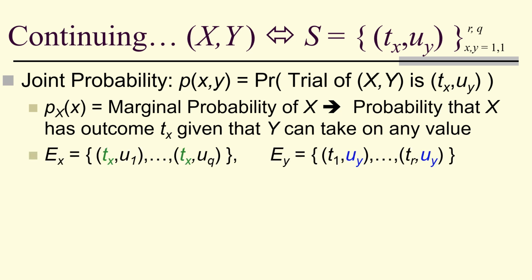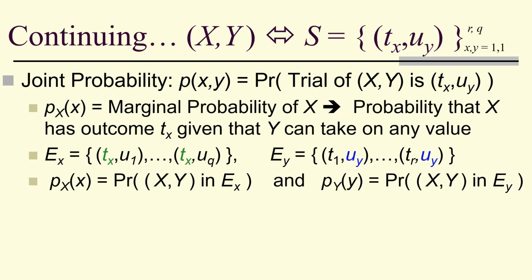Now, if we look at these two sets, E sub x and E sub y, you'll notice that in E sub x, it's always the same T sub x, and in E sub y, it's always the same U sub y. So the marginal probability, the probability that capital XY is in E sub x, and the marginal probability of y is the probability that capital XY is in E sub y, well, we can calculate those.